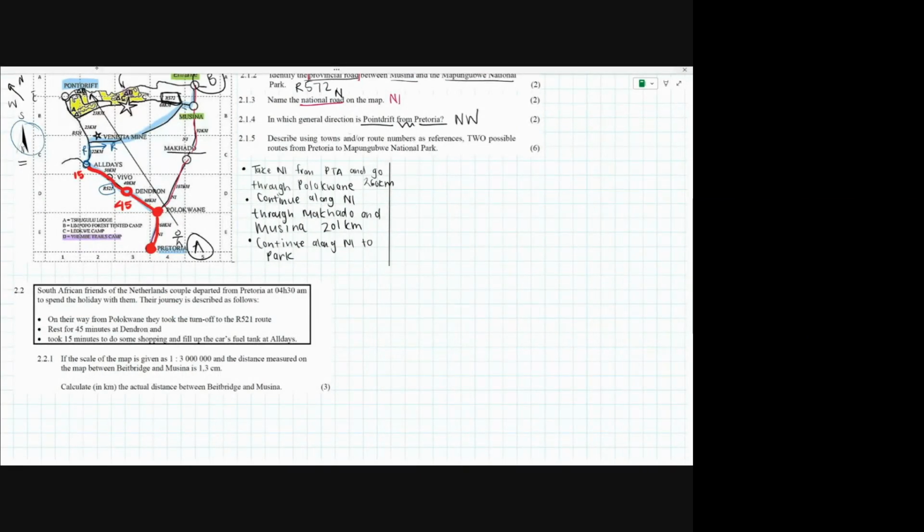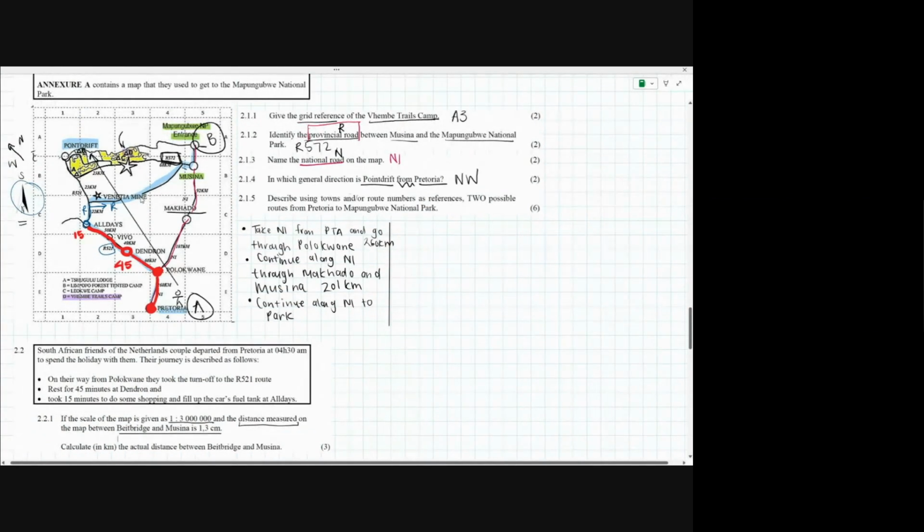It then says, if the scale of the map is given as 1:3 million and the distance measured on the map between Beitbridge and Messina is 1.3 centimeters. I don't see Beitbridge unless I'm a bit stupid. Anyone see it?